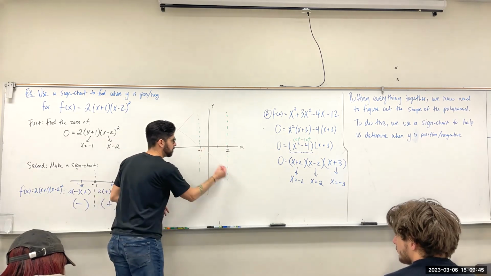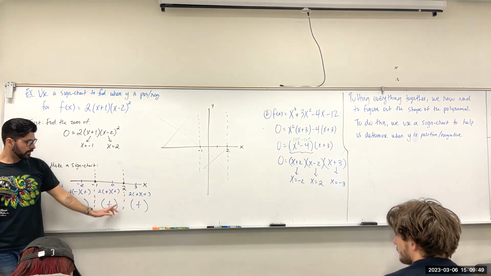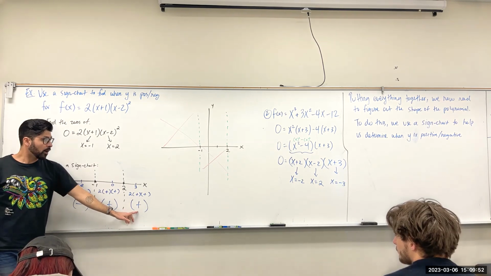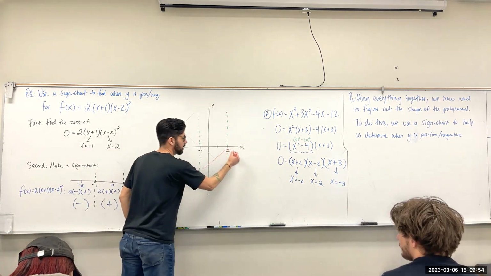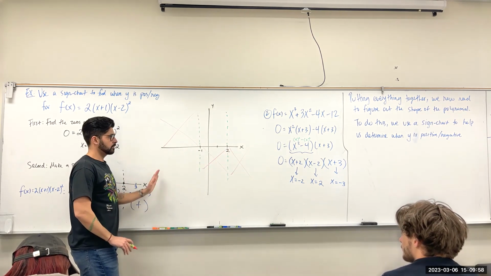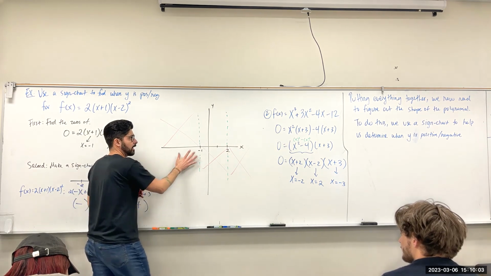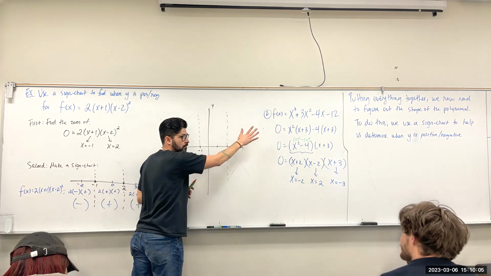Your graph cannot be down here. And the same thing with this one: the y values have to be positive, so your graph cannot be there as well. So now we know the graph has to live in this area and in this area right here.